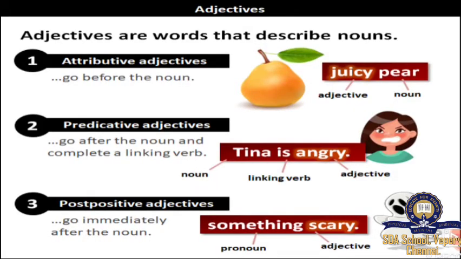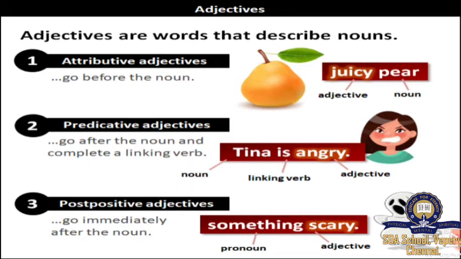The first one is the attributive adjective. That is the one which goes before the noun. So like here we see juicy pear. Pear is the noun and the adjective is juicy, which comes before the noun.